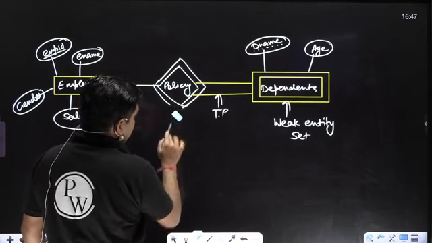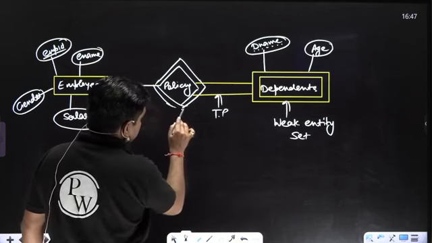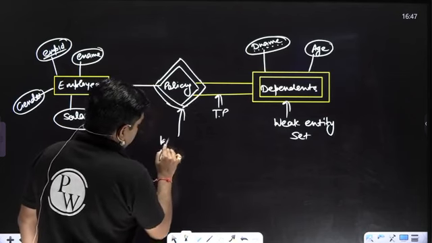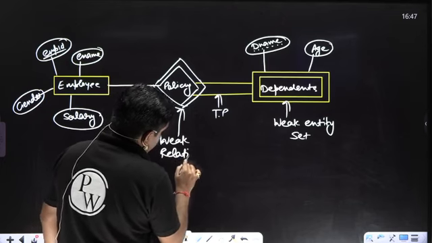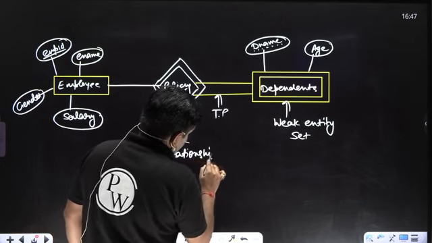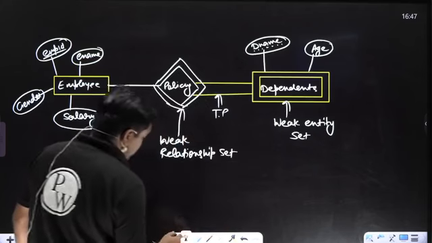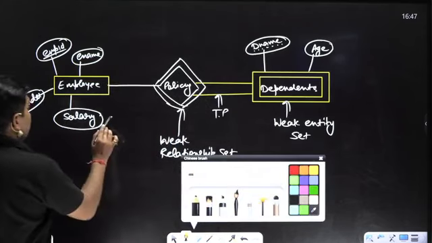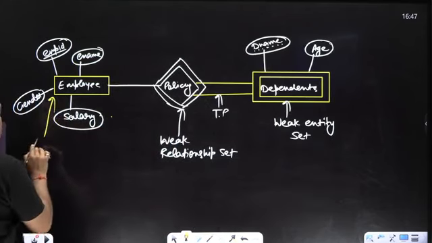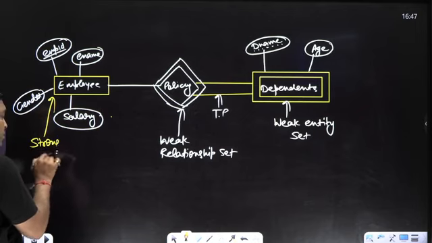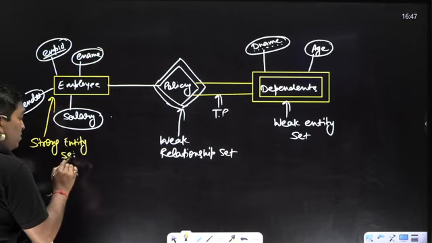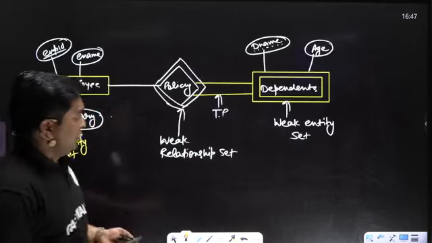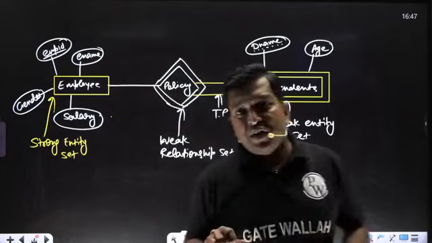This is called the weak relationship, and this is called the strong or owner entity, the strong entity set. So please try to understand what I am telling.